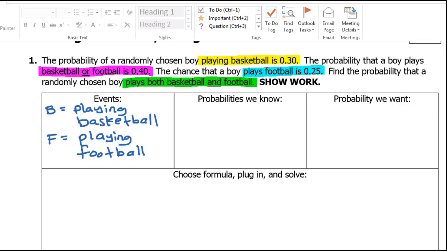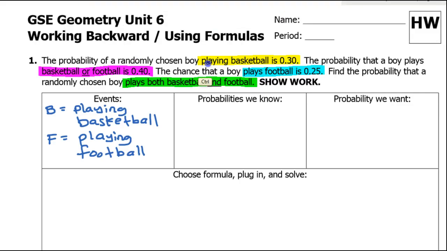Okay, let's start by listing out the probabilities we know. Probability of playing basketball is 0.3, so the probability of B is 0.3. The probability of playing basketball or football is 0.4, so the probability of basketball or football is 0.4.